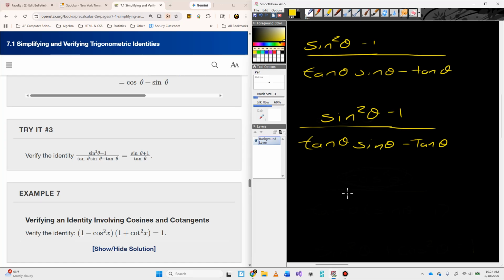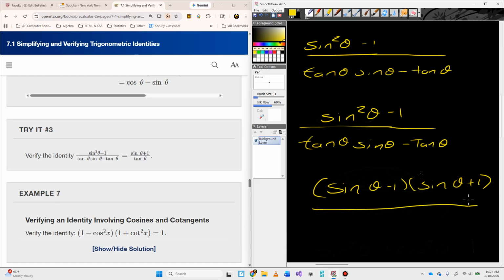Sine squared theta minus 1 can be written as sine theta minus 1 times sine theta plus 1. Again, I take tan out, factor it out, I'm left with sine theta minus 1. There we go. These cancel out, and I'm left with sine theta plus 1 divided by tan.